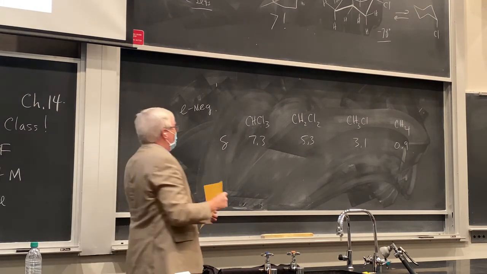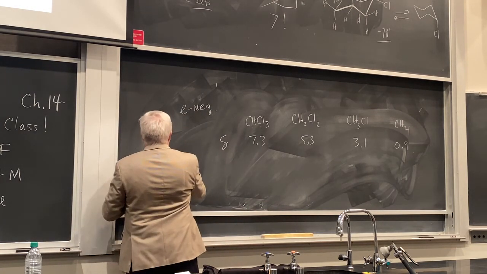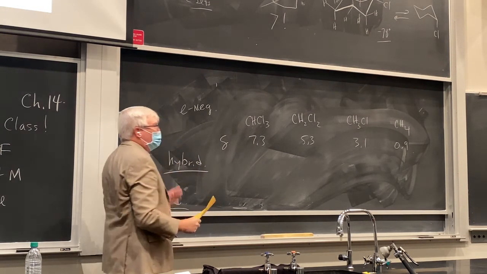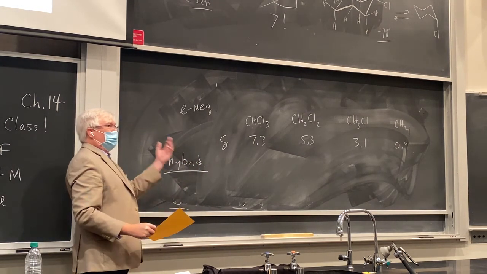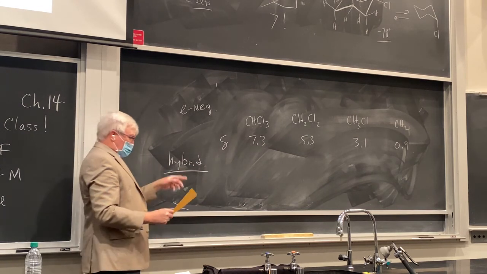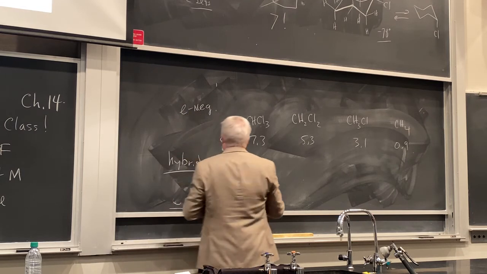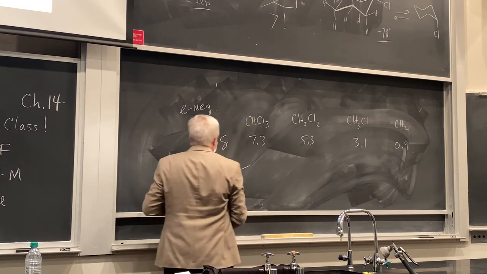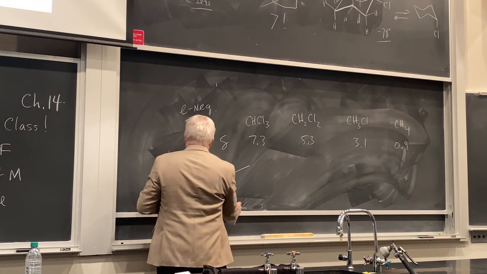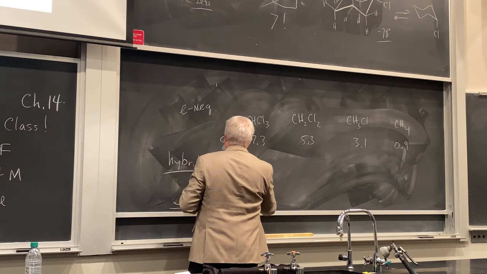All right, let's look at hybridization. And this is the other main idea. Proximity to electronegative groups will tend to make things more de-shielded, higher frequency. Hybridization, let's see. So we've got methane, sp3 hybridized. What's the delta here? 0.9.